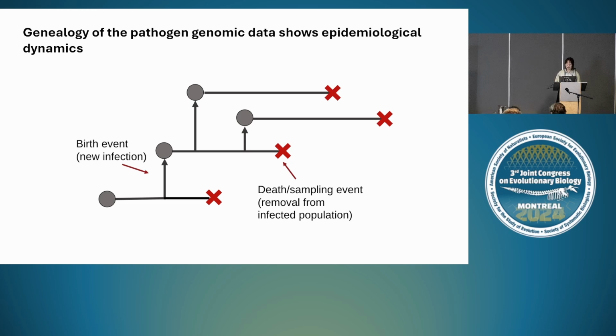So all these epidemiological events are recorded on the tree, and from the genetic data where we sampled at the termination points of the tree, we will be able to infer all these events backward in time, and infer the birth rate and death rate of these processes. For example, if a pathogen has a higher transmissibility, you will often see a very high branching rate on this tree.